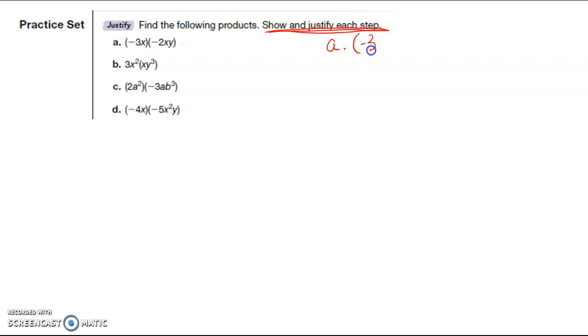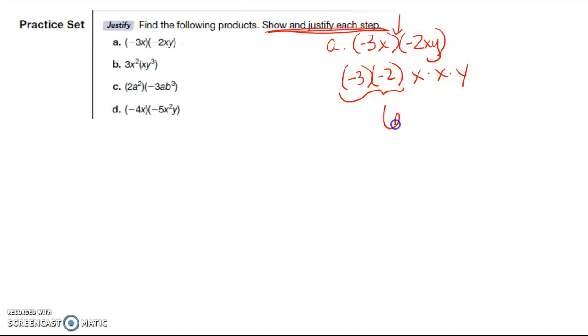It says negative 3x times negative 2xy, and we know this is times because there's no operator between the two. So we're going to multiply our numbers, and then we're going to multiply our variables. A negative 3 times a negative 2 gives me a positive 6.